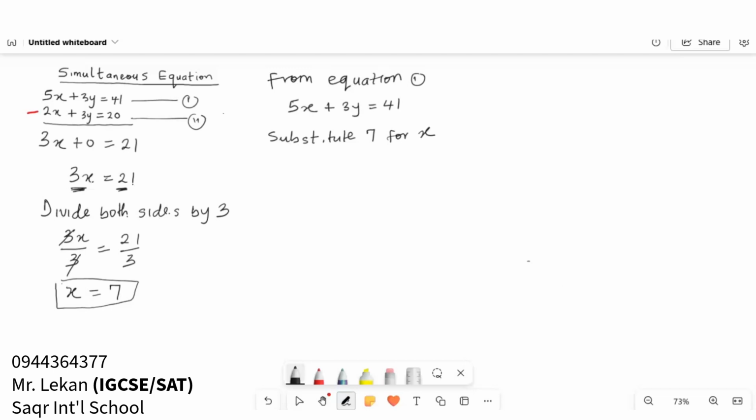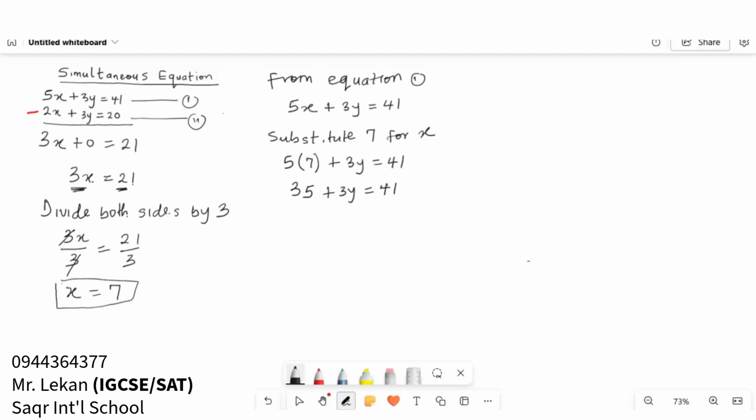In this equation 1, anywhere you see x, you put 7. So this will be 5 bracket of 7 plus 3y is equal to 41. Expand this bracket. Bracket means multiplication. So 5 times 7 will give you 35. 35 plus 3y is equal to 41.